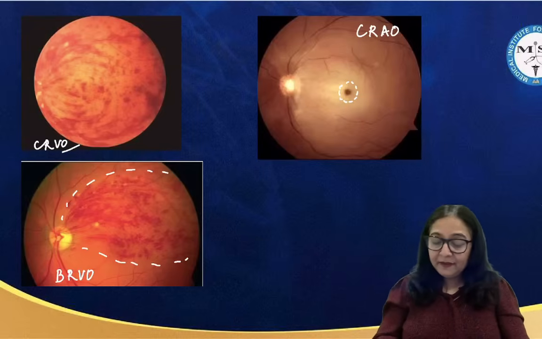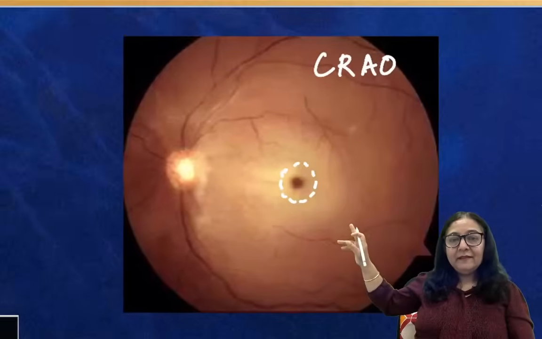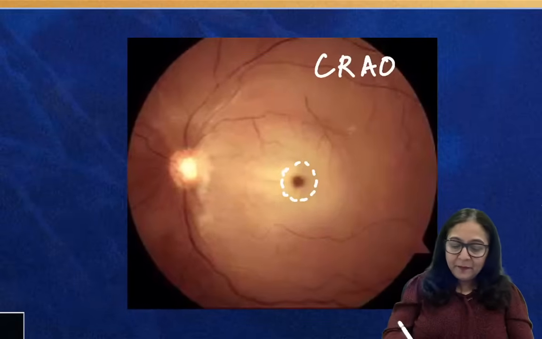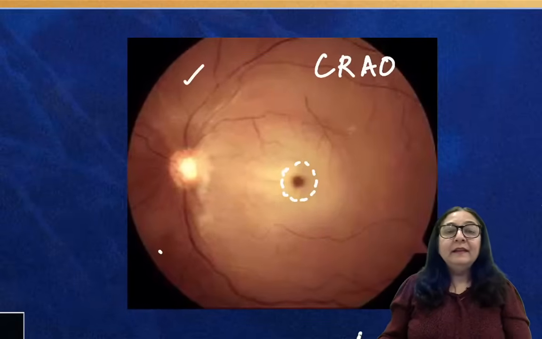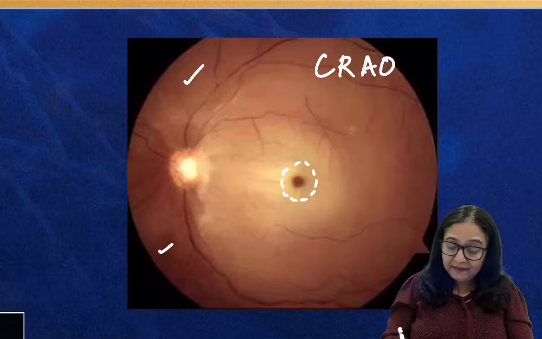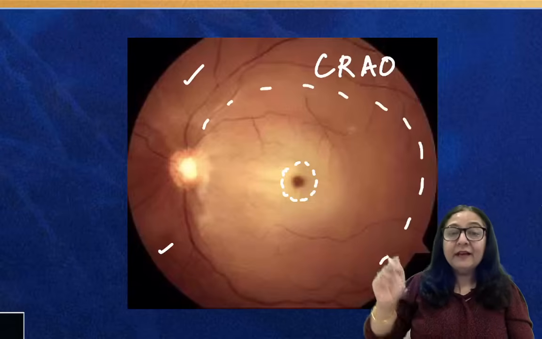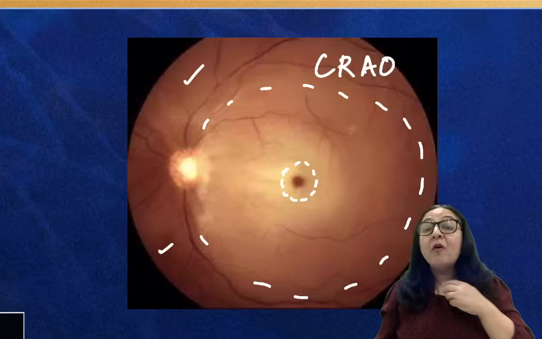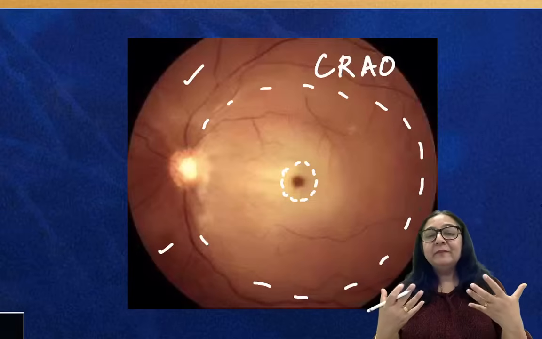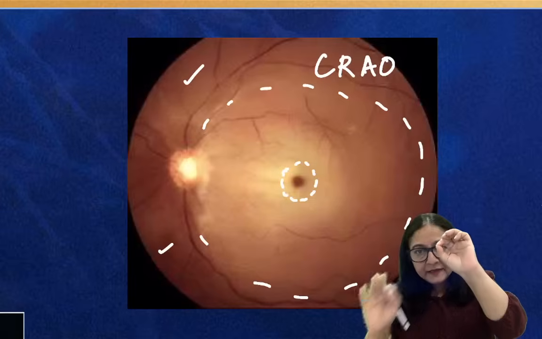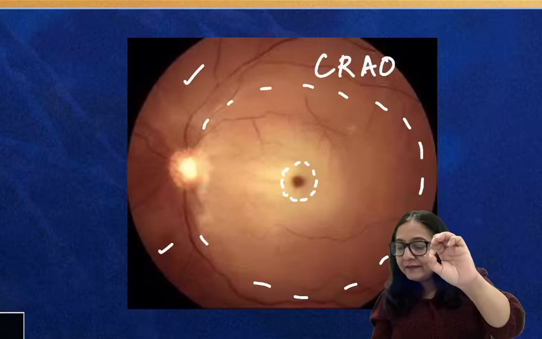See, this part of the retina is a little pinkish, but this area is whitish, sometimes it is more white. So you can get a fundus picture of any type, and if you see a dark spot right in the center, that is the cherry red spot.